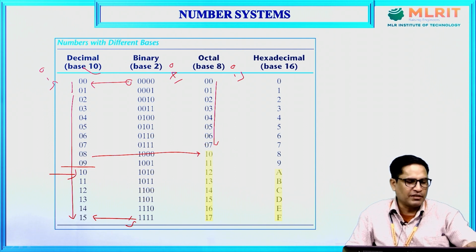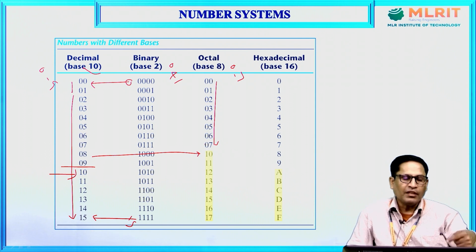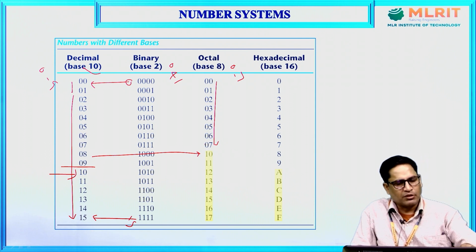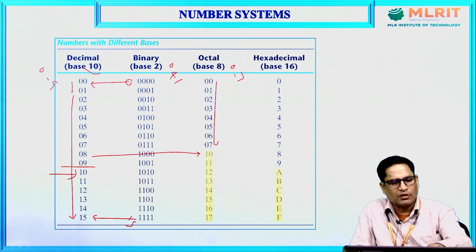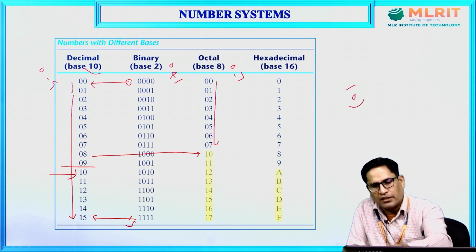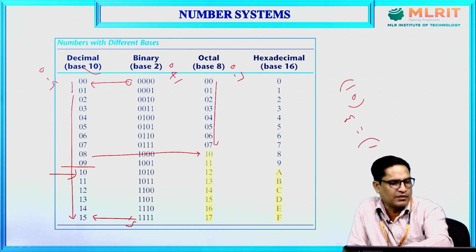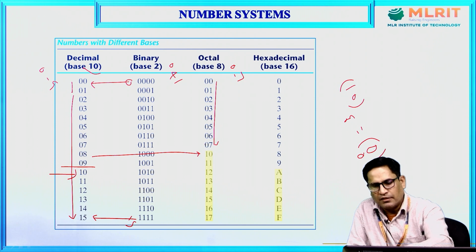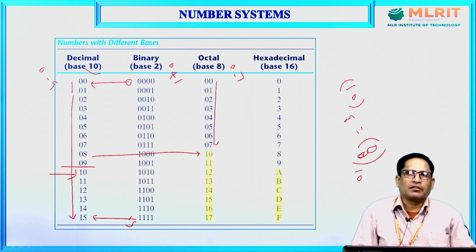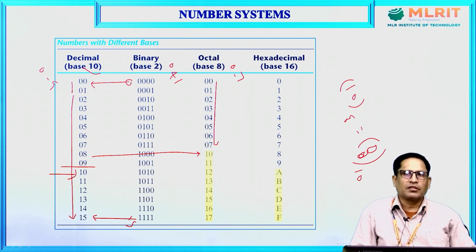Now subsequent numbers are made using the previous digits only. In the next lectures we will justify how 1 0 written in the octal number system is equal to 8 in the decimal number system, when we discuss the conversion of codes from one base or radix to the other.